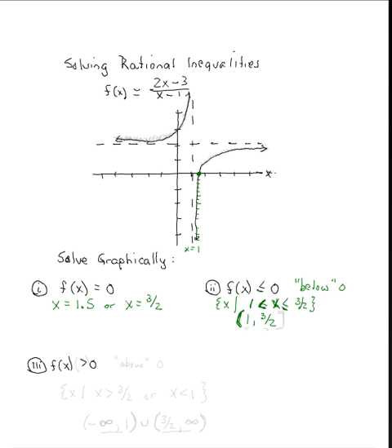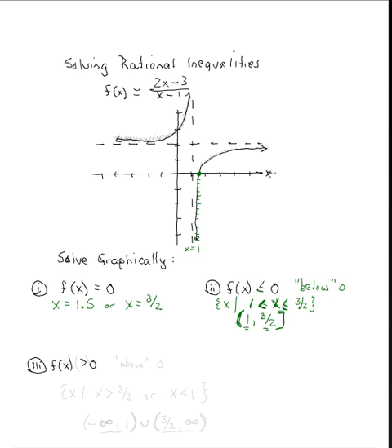Now, where x is 3/2, we do have equality because that is where it's equal to 0, and so we will definitely have a bracket at 3/2. So notice this was not all values that were less than 3/2. It was only the values starting at 1, not including the number 1, and going to 3/2. But we are including the value 3/2 itself.